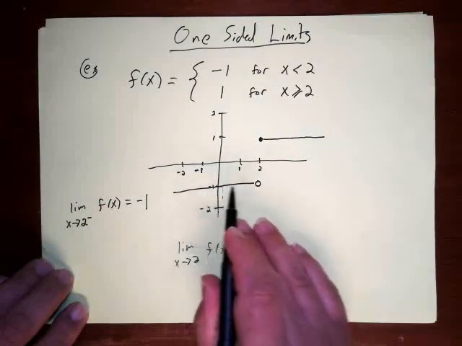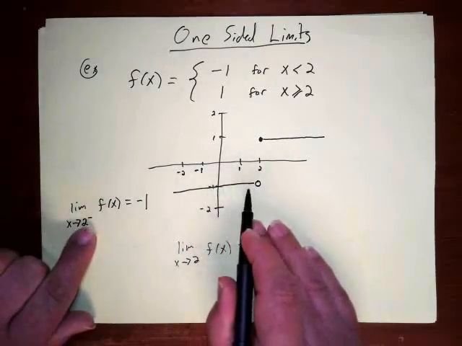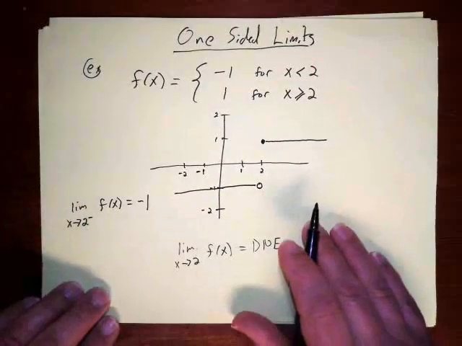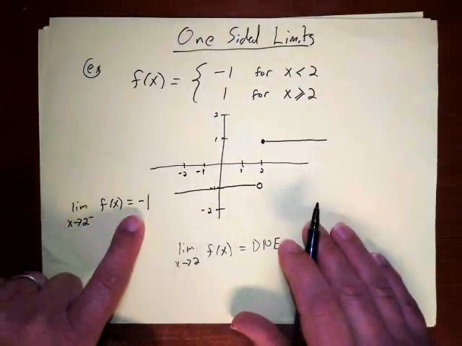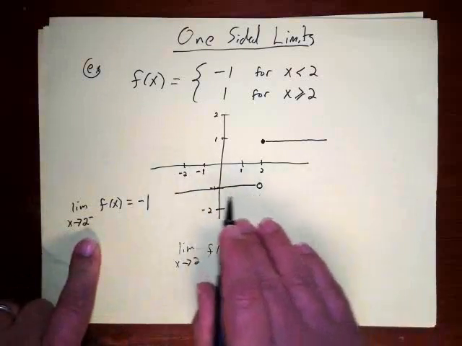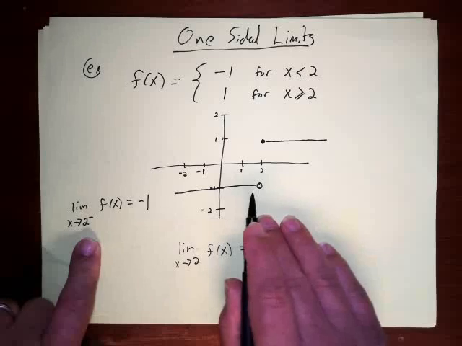So as you approach 2 from the negative side, and I have a little negative sign up there, kind of where the exponent would go, then the limit is -1. So this is a one-sided limit, coming from the left towards 2.